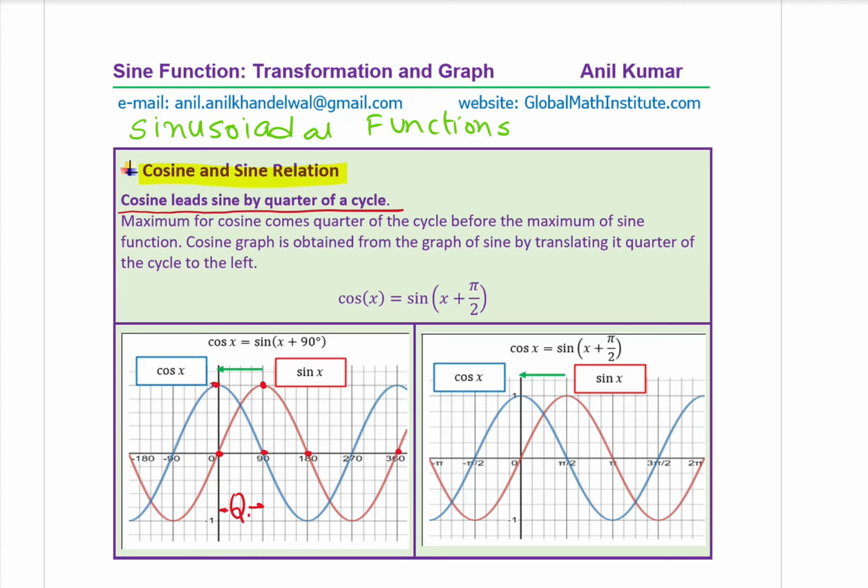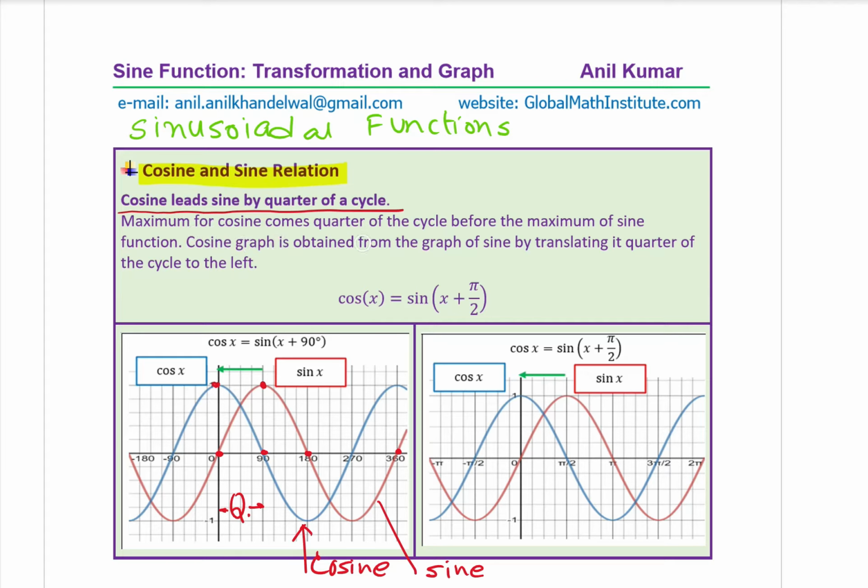So the blue graph here is the cosine function, and the red graph here is the sine function. Is that clear to you? So cosine leads, it comes before sine whenever you sketch a graph. Maximum for the cosine comes quarter of a cycle before the maximum of the sine function.